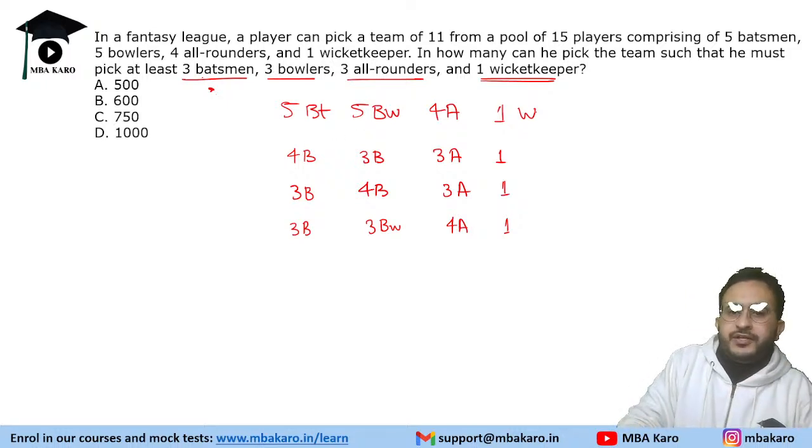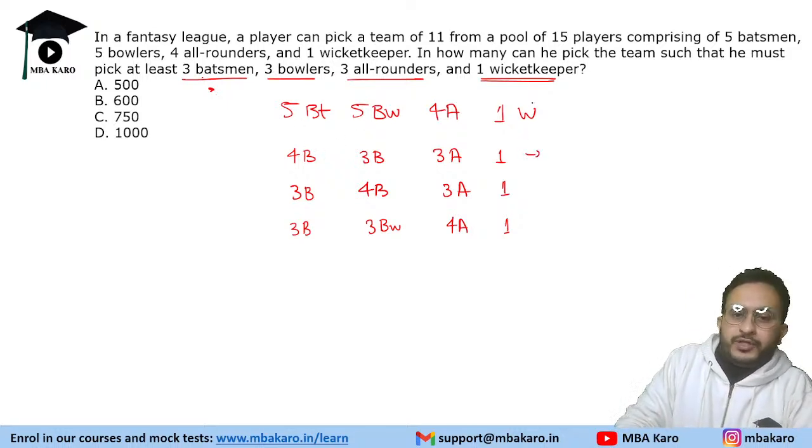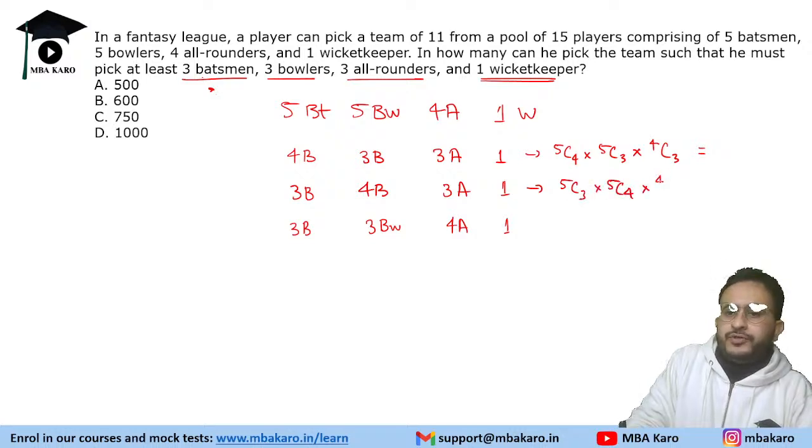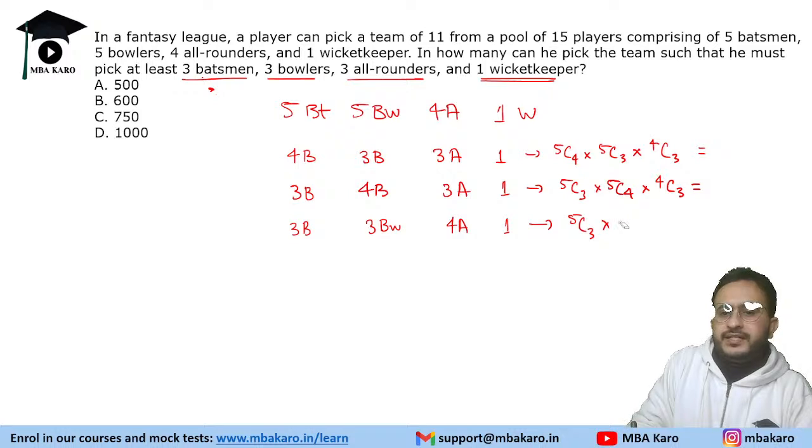So in the first scenario, we have to pick 4 batsmen, so 5C4 and 5C3 and 4C3, and the wicket-keeper is only one case, so we will avoid it. In the second scenario, it is 5C3 into 5C4 into 4C3. In the third scenario it is 5C3, 5C3, and 4C4.